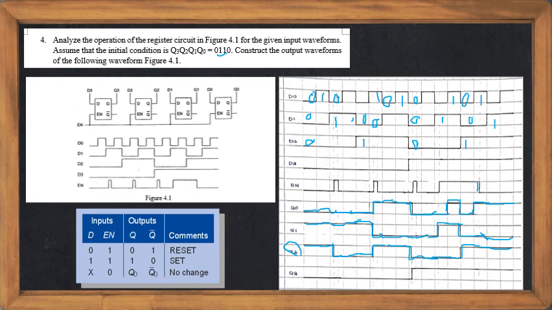So lastly, to find the output of Q3, the initial of Q3 is 0. So when D is 0 and enable is 0, it will be no change. When D is 0 and enable is 1, the output will be reset. And then it will be no change until when D is 0 and enable is 1, it is still the output of reset. And no change.